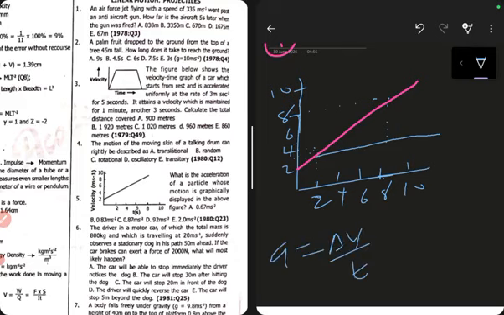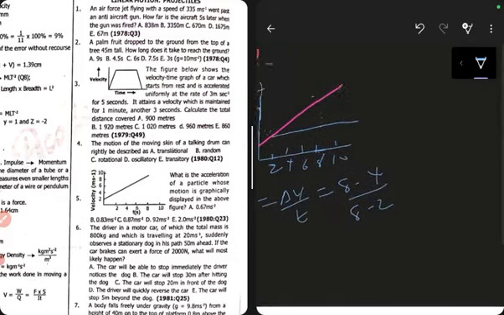If you look at it, that is even the slope of this graph. A change in velocity will be 8 minus 4, over change in time, which will be 8 minus 2.